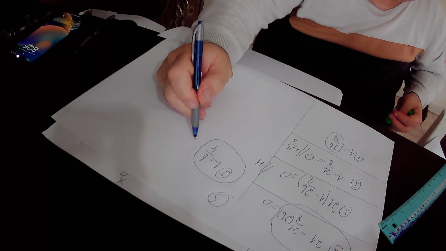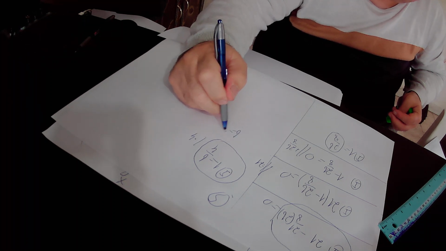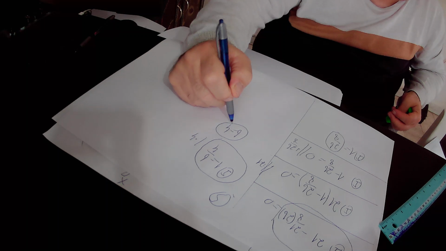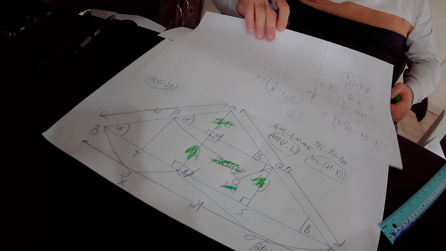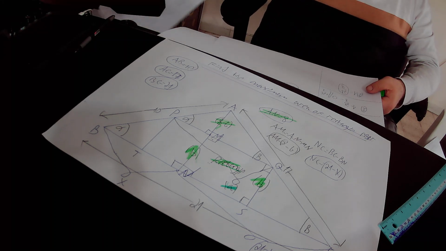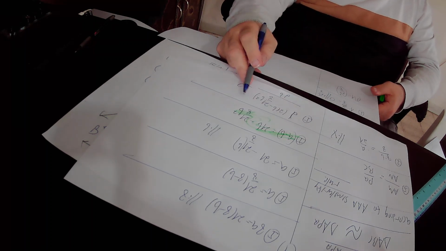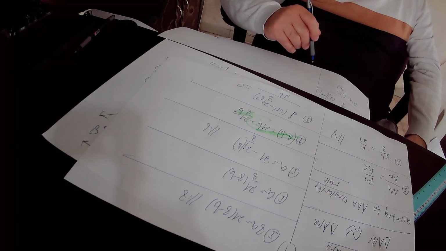Here we multiply this equation by 4, and finally we get that b equals 4 units in length. So we found out that the extreme point of this function area of rectangle PQST is b equals 4.